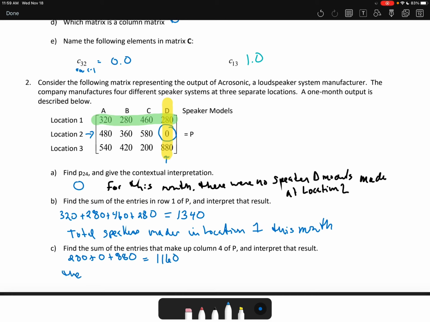And that would be that there were 1,160 Model Ds made in the last month, combining all of the different locations together.